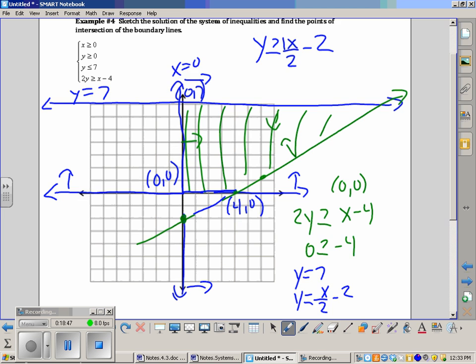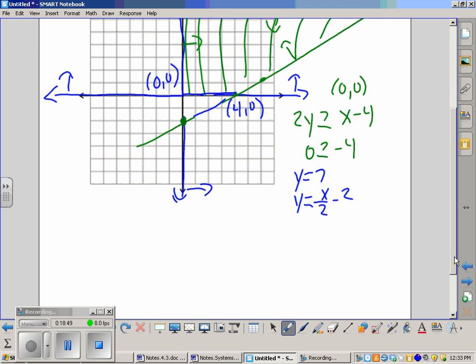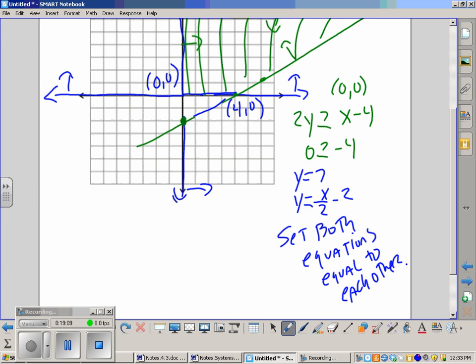To find where two lines intersect, you have two equations that are both equal to y. So set both equations equal to each other. So 7 is x over 2 minus 2. We get 18. So 18 is x.